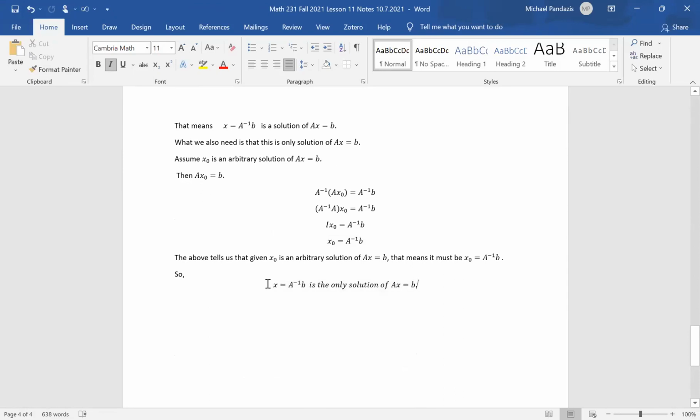We've shown that it has exactly one solution, namely X equals A inverse B, and so the proof is done.